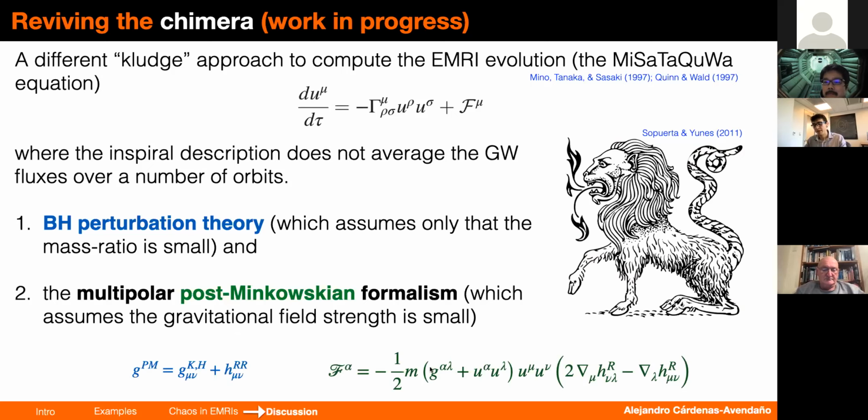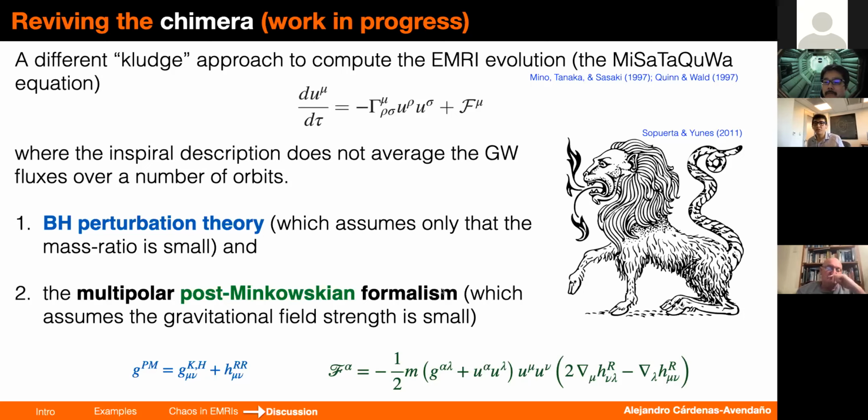So now it's sort of like you're capturing this at infinity, but now in a post-Minkowskian formalism. This is not post-Newtonian, although at a particular point in a buffer zone, we have to create a match to still produce this evolution, just to get the multipoles. But then here, we're just saying that the gravitational field strength is small for this perturbation. And this is the equation I'm working on at the moment.